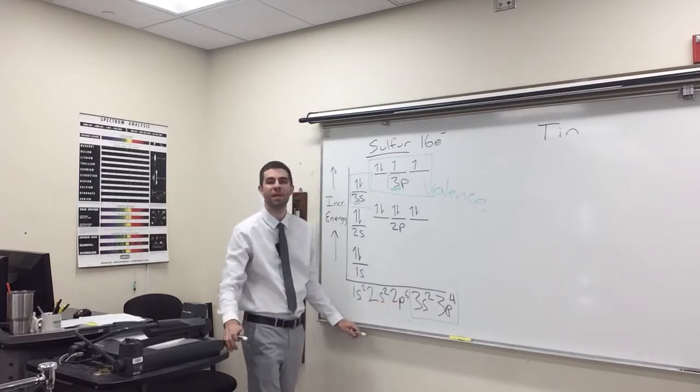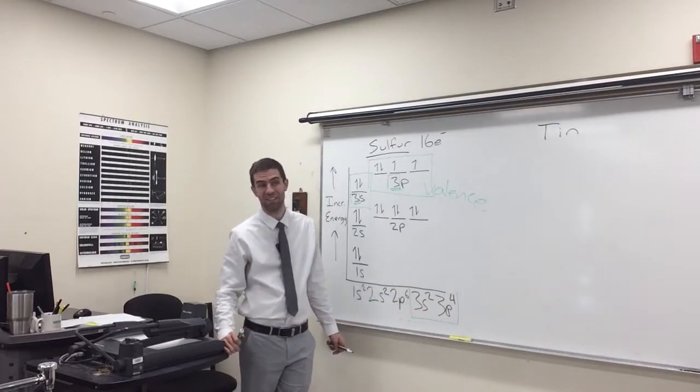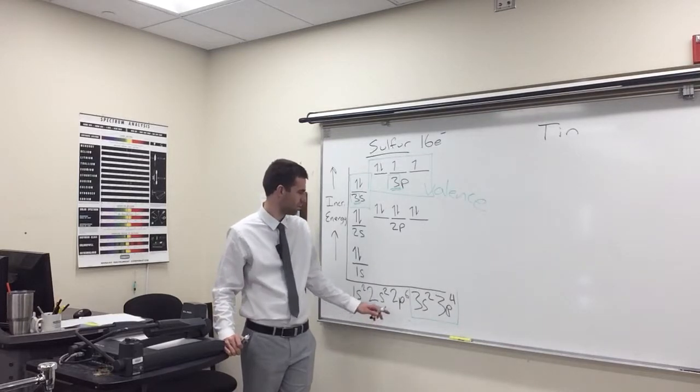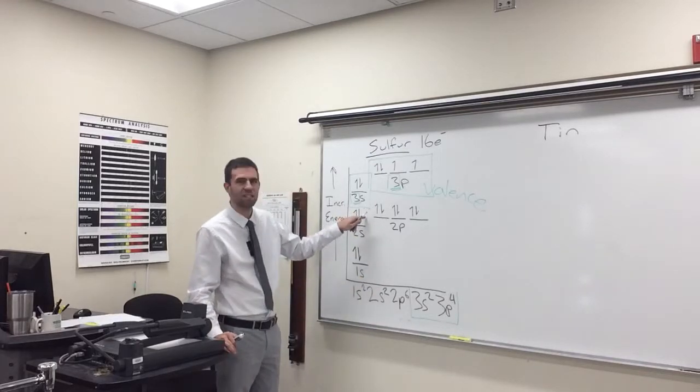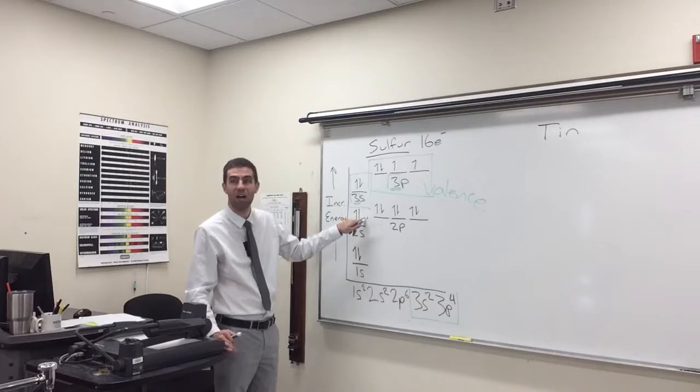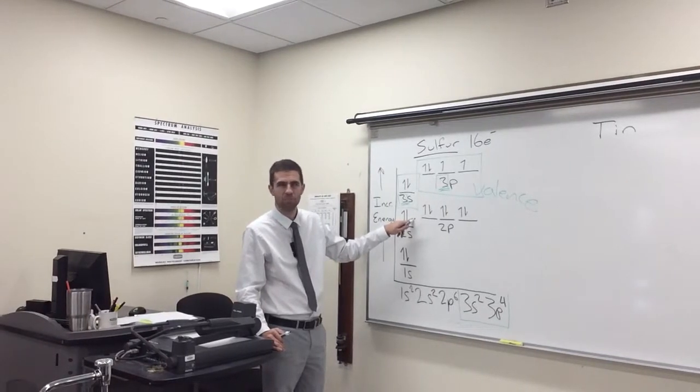The whole reason we're doing any of this is because we care a lot about valence electrons. Why is 3s valence? 3s is valence because it's in the outer shell. What is the shell?